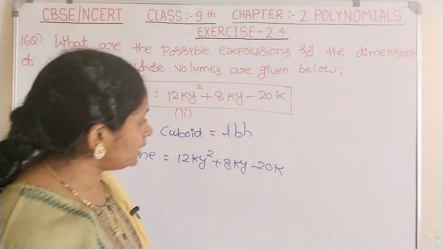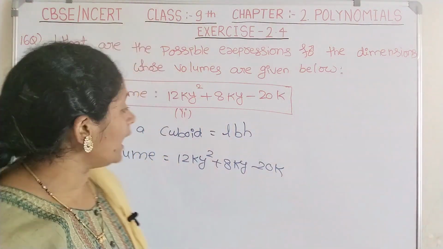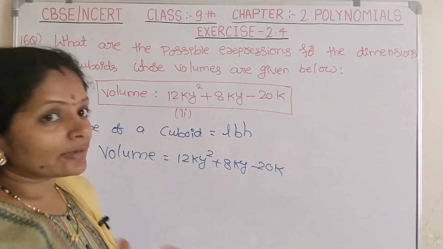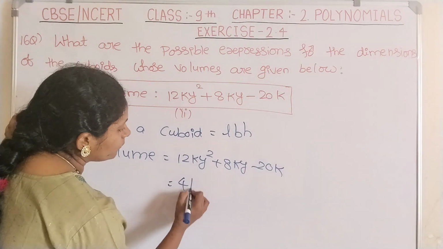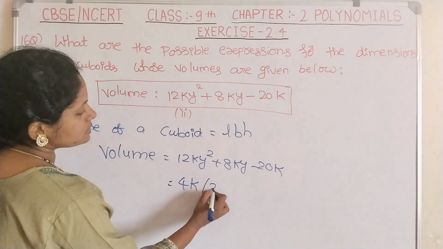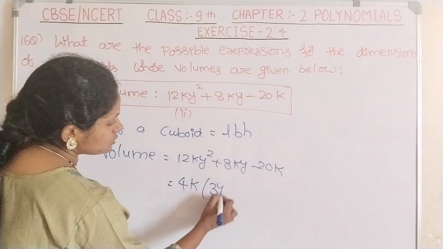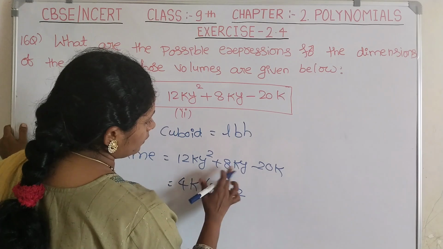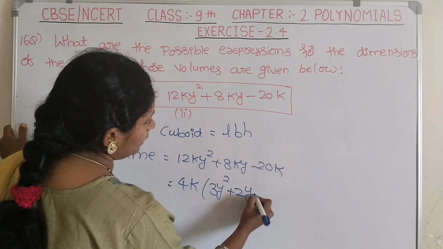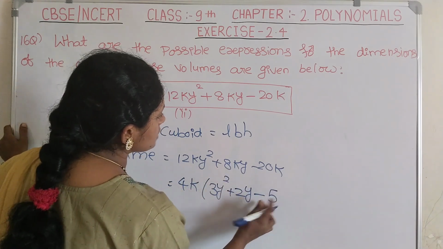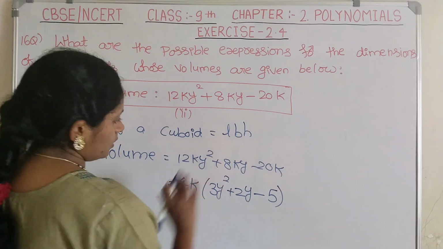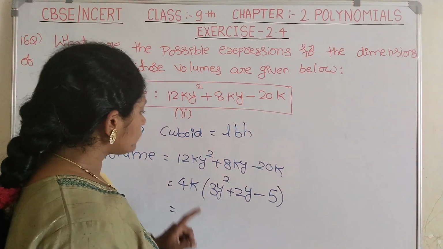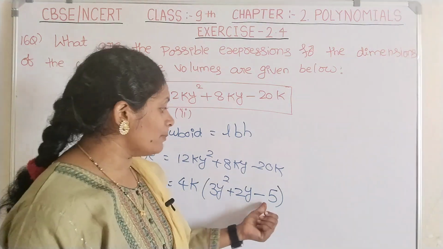In each and every term, there is a factor of 4, and one more thing, k is also common for these three terms. Let us take 4k common here. 4 3s are 12, k has gone, then y square, plus 4 2s are 8, y will remain, minus 4 5s are 20. Okay, now 4k into 3y square plus 2y minus 5.